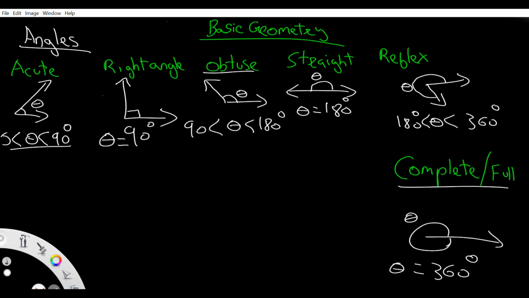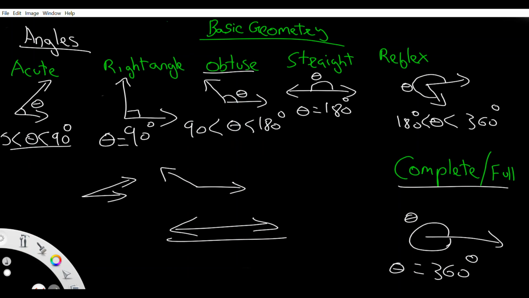Now you can identify this by looking as well. So if it looks something like that, we know it's an acute angle. If it looks something like that, we know it's an obtuse angle because it's not a straight line. If it was a straight line like this, it would be a straight angle.